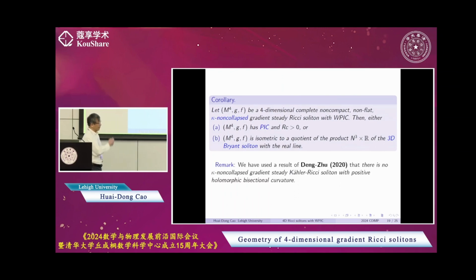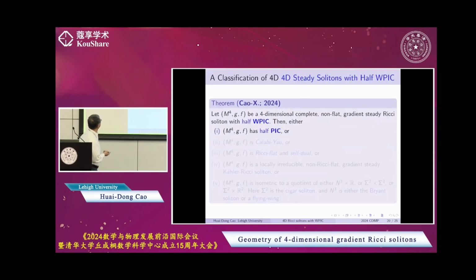And now we move on to what we really want to understand, which is half PIC or half W-PIC. If we assume the four-manifold gradient steady soliton is half PIC, then either it's strictly half PIC or W-PIC, or otherwise it has to be Calabi-Yau, like Taub-NUT or Eguchi-Hanson, or hyperkähler, a local hyperkähler. Or an interesting case happens.